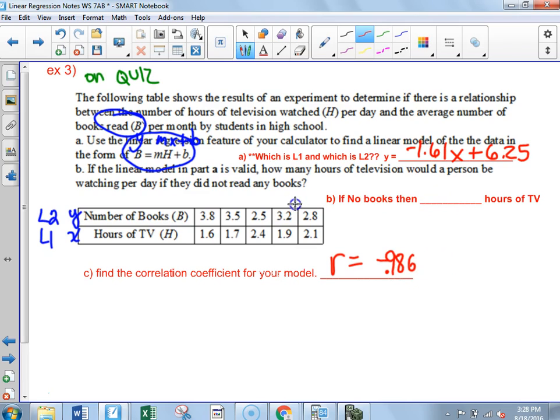All right, last part. How many television hours would a person watch if they didn't read any books? So this is our predicting step. 0 books. Where do we put the 0 in? Careful. 0 books is the Y, so we have this. So go back to your home screen and solve for 0.